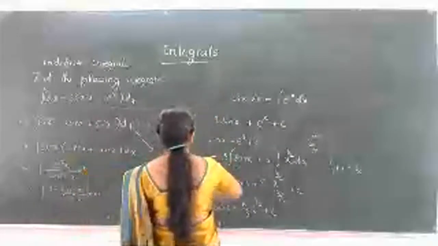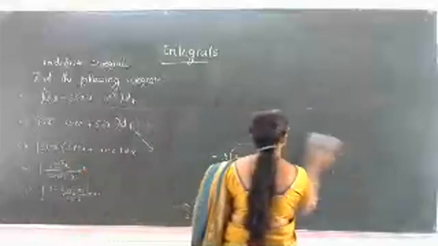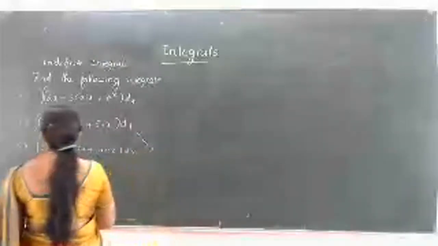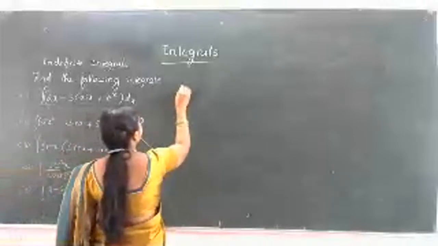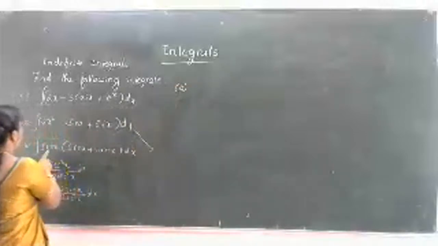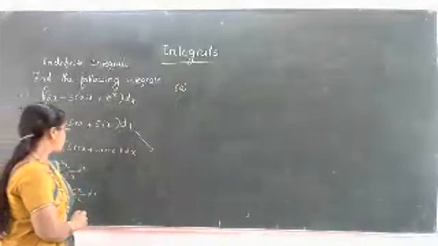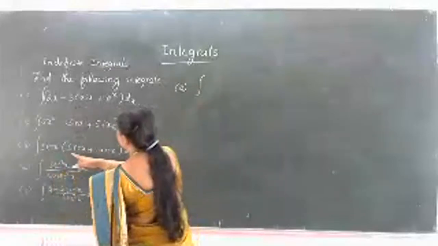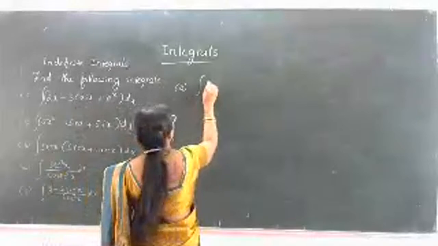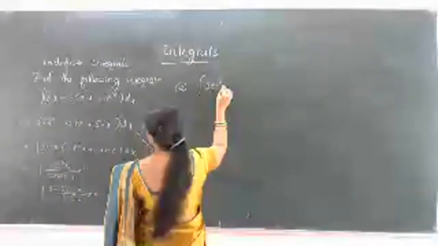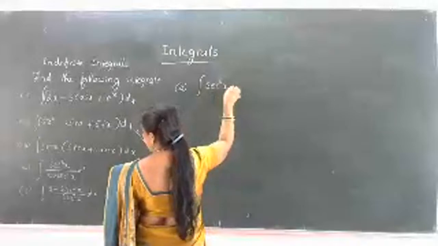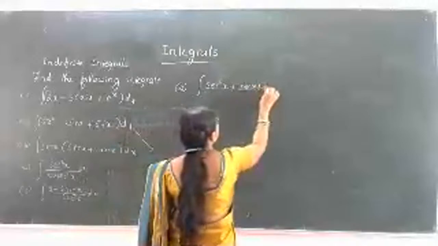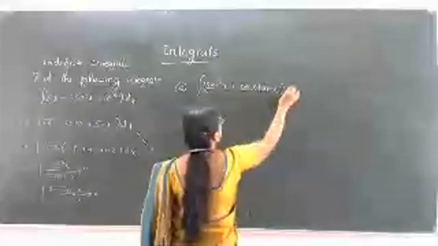Next, we shall go to the next problem. Here, some simplification is there. Third one: integration of sec x into sec x plus tan x. We multiply this out, we get sec x into sec x, which is secant square x, plus sec x into tan x, dx.